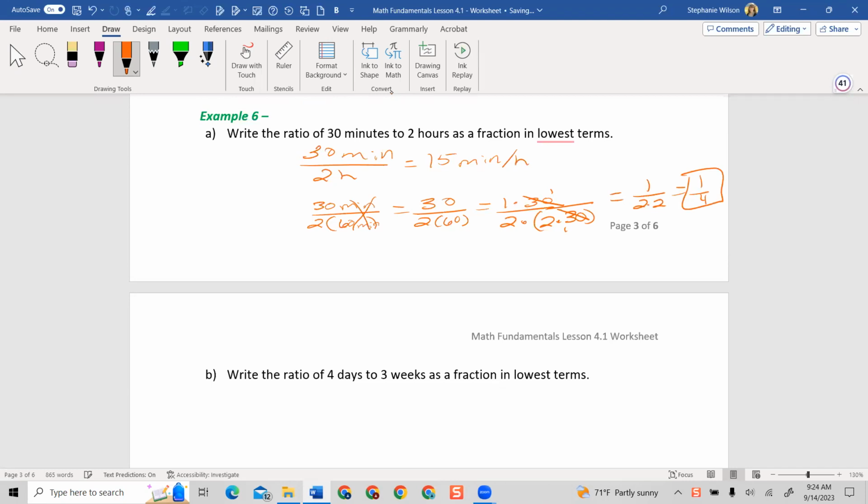So be sure to read the directions carefully, because 1/4 is the ratio of 30 minutes to 2 hours when we do the conversion. If we're just saying the fraction of 30 minutes to 2 hours, then the 15 minutes per hour would have been just the fraction. So just be sure to read the instructions as to what it's asking for.